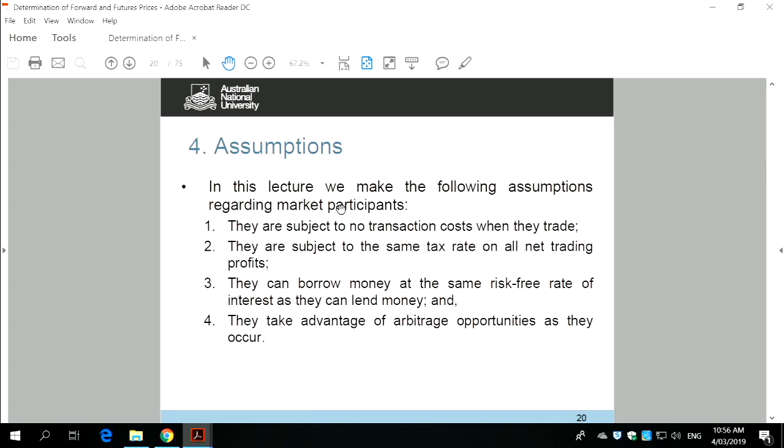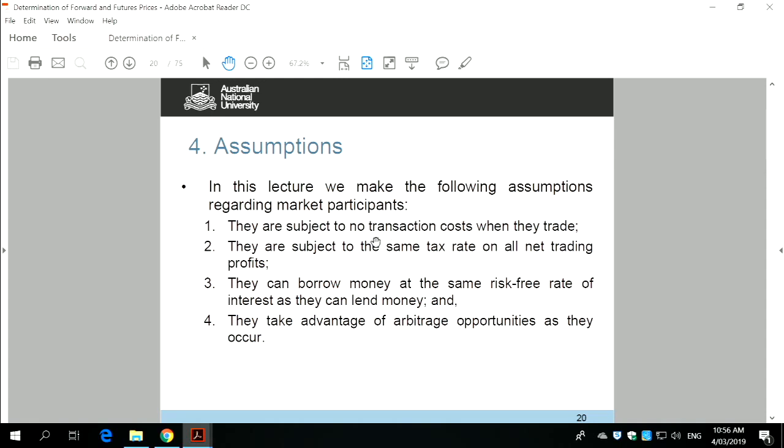Marginal investors are investors who have the ability to change the security price. In other words, they have to be large institutional investors buying securities in bulk. If you think about that, the transaction cost is almost negligible for those marginal investors. So the first assumption, we can accept that.